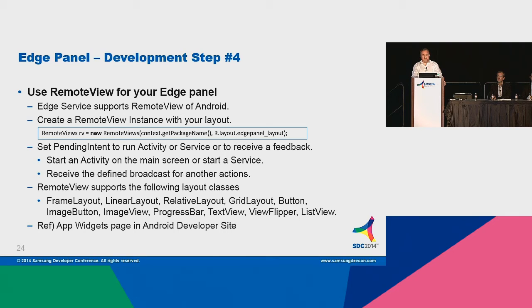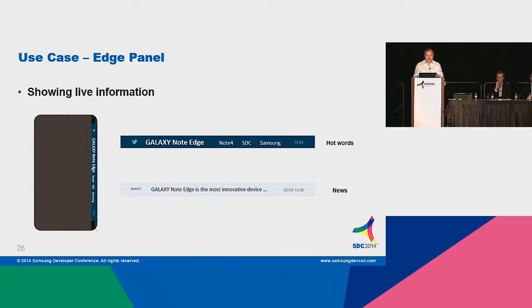As a remote views object does not support every type of layout or view widget, you can only use the following layout classes: frame layout, linear layout, relative layout, grid layout, and the following widget classes: button, image view, progress bar, text view, view flipper, and list view. And don't worry, these are all on our developer site, so you don't need to remember them.